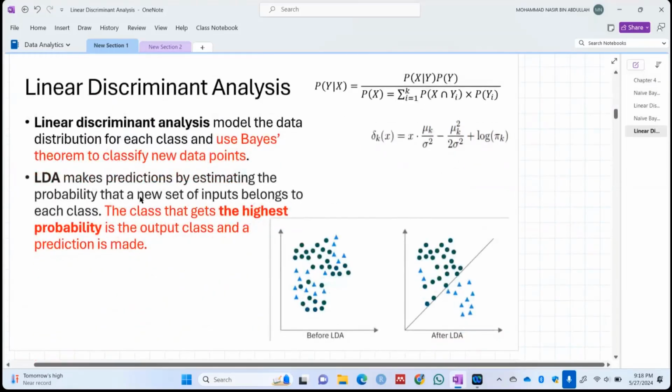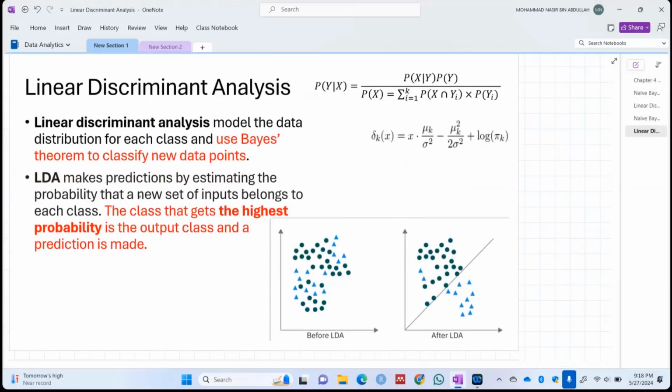So the reason why we learned naive Bayes previously is that linear discriminant analysis also uses Bayes theorem to classify new data points. So basically, in fact, we already learned how to calculate the probability of continuous data in naive Bayes, right? So the class that gets the highest probability is the output class, and the prediction is made.